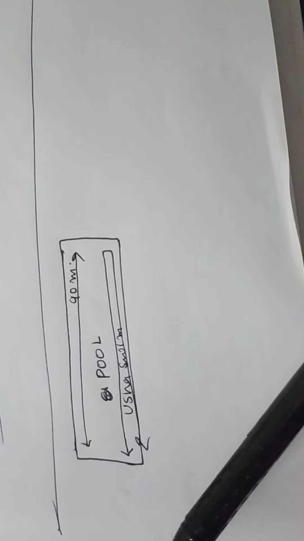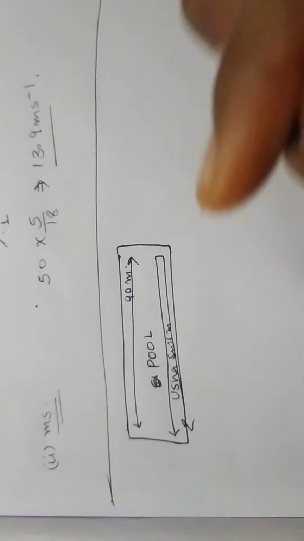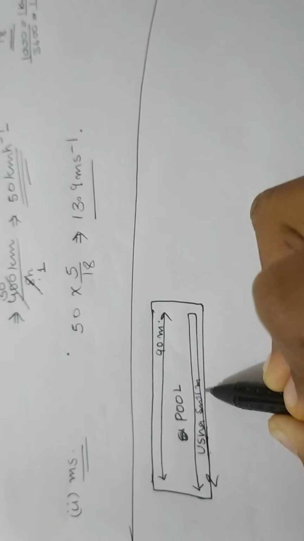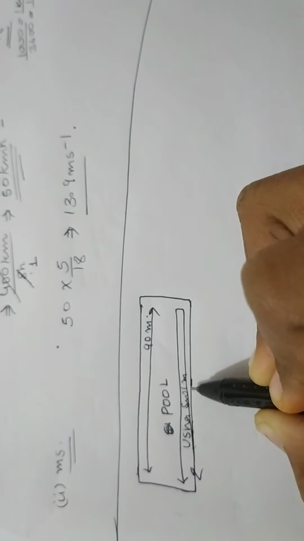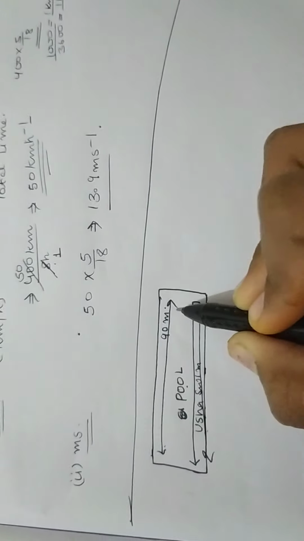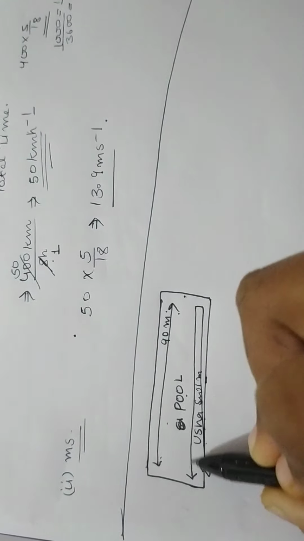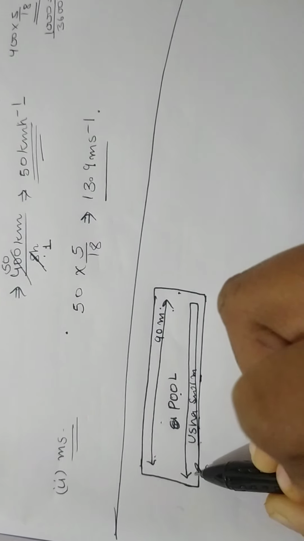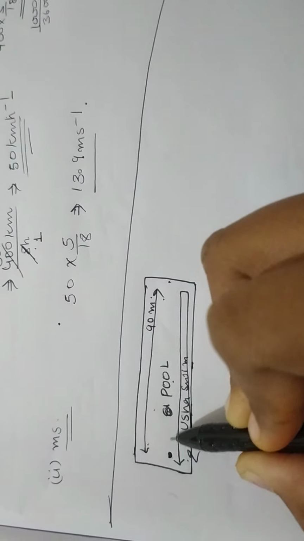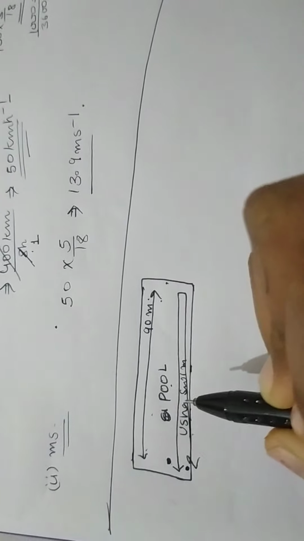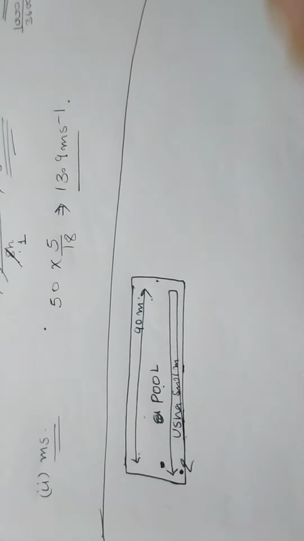See children, this is the pool that Usha swims in, which is given in the question as 90 meter long. She covered one full round from her initial point and then came back again to her initial point, and we have to find two things in it.